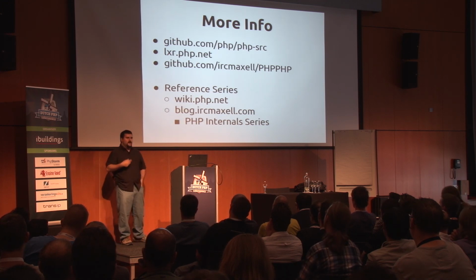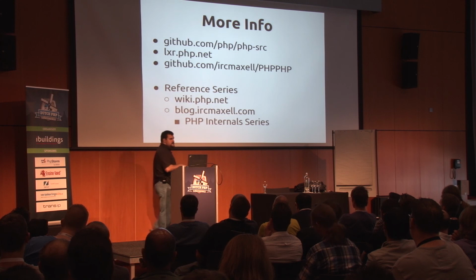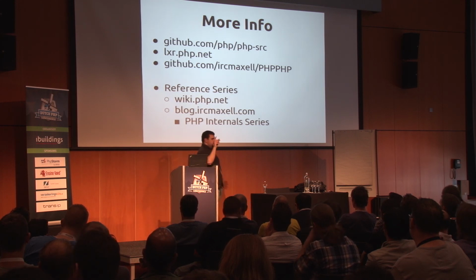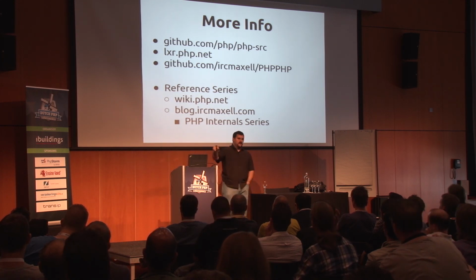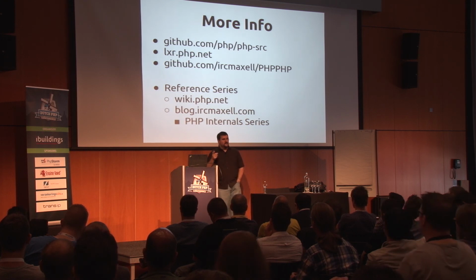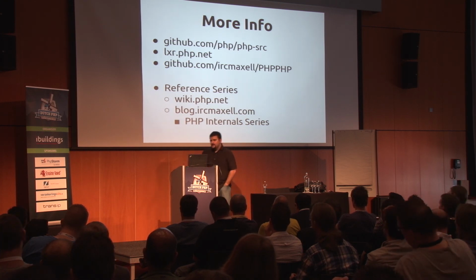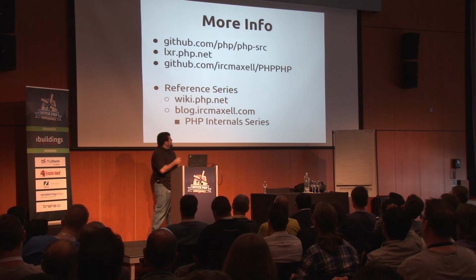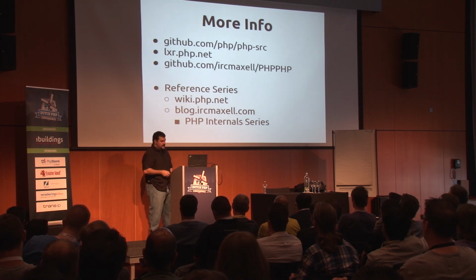lxr.php.net is a great way of browsing PHP's source, the C code behind it, because you can actually click a function name and it'll take you to where it's defined. Something that would be awesome if someone wanted to backport that into GitHub. And then PHP-C is on my GitHub.